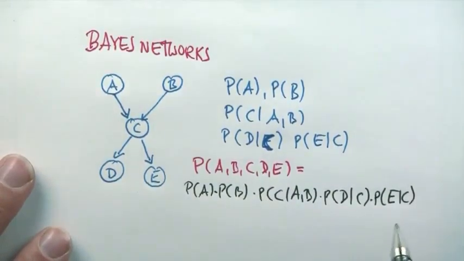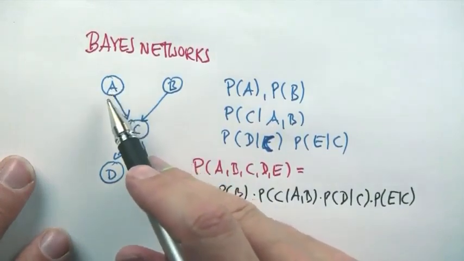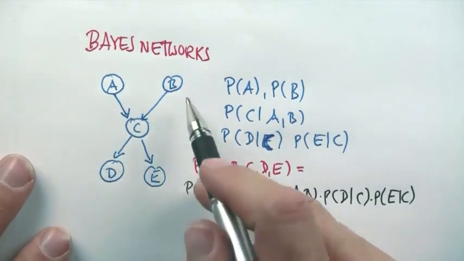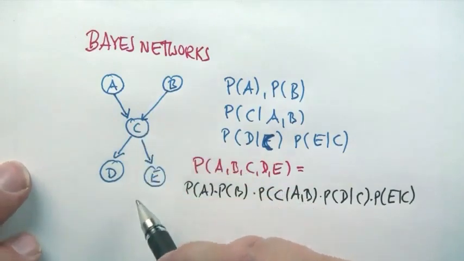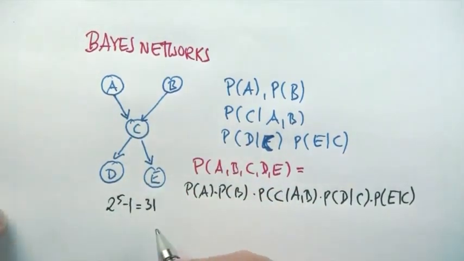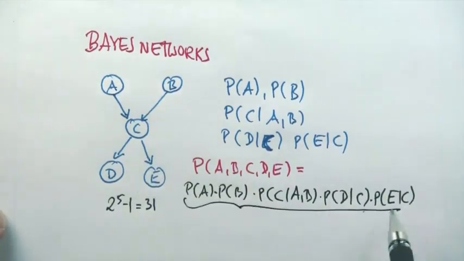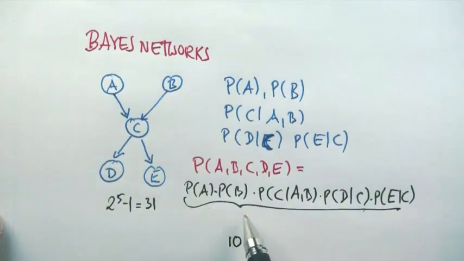The definition of this joint distribution by using the following factors has one really big advantage. Whereas the joint distribution over any 5 variables requires 2 to the 5 minus 1, which is 31 probability values, the Bayes network over here only requires 10 such values.